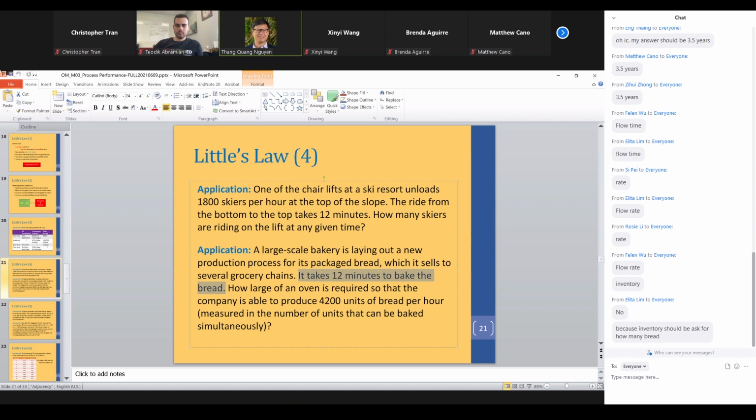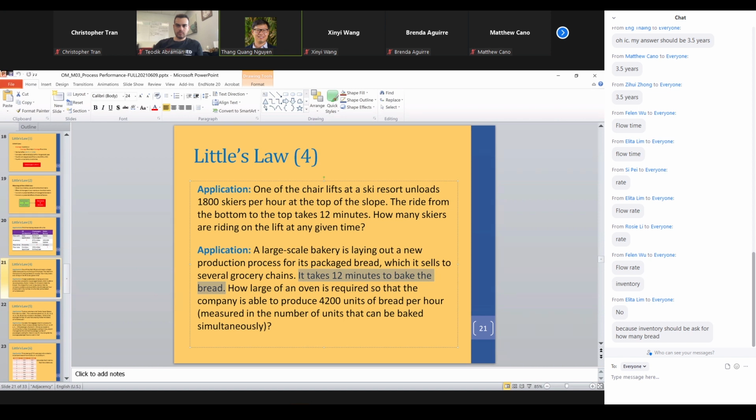And in this particular case, we talk about the size of the oven. That's why they ask how large of an oven is. So actually, they indirectly ask about the inventory by asking us about the size of the oven.